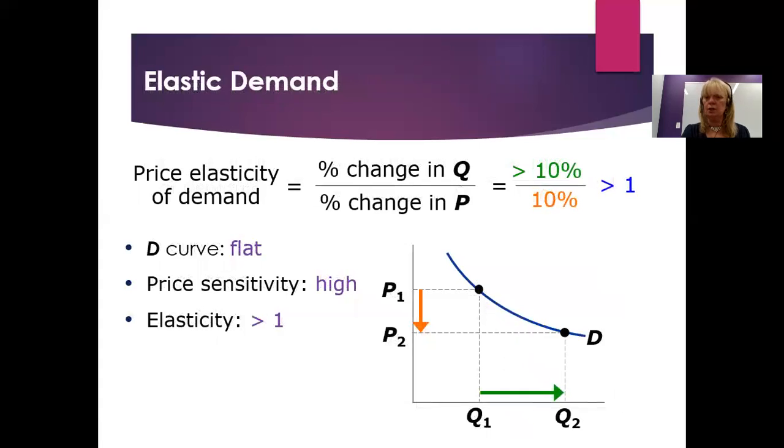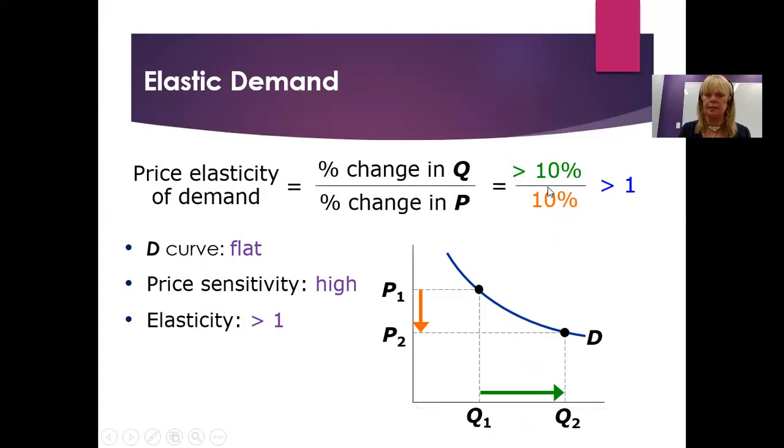On the other hand, when demand is elastic, it simply means that quantity is falling faster than price is increasing. Quantity is decreasing faster than price is increasing. So if you have a 10% increase in price, your decrease in quantity is going to be something greater than 10%.